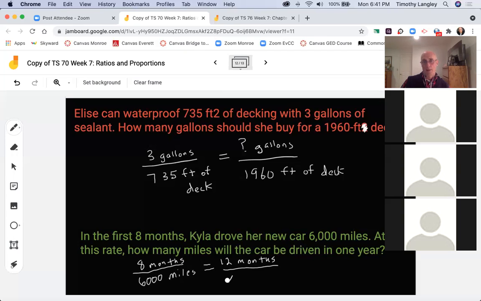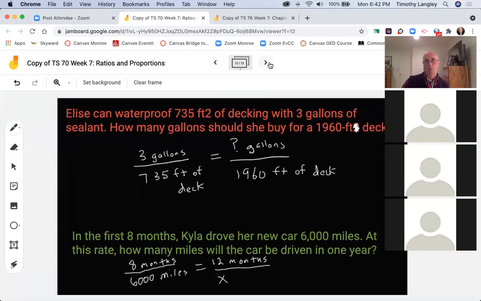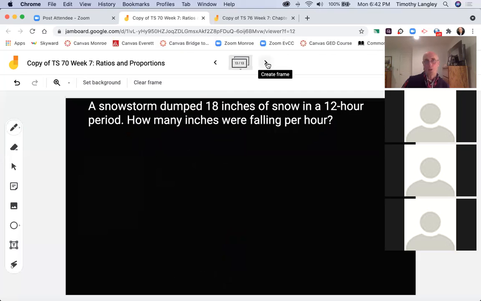We'll call it X in this case. And so I'm going to do 8x equals 12 times 6,000, and I'm going to divide each side by 8, and that will tell me how many miles she will have driven in 12 months. Okay. So again, just setting it up as a ratio or a proportion.